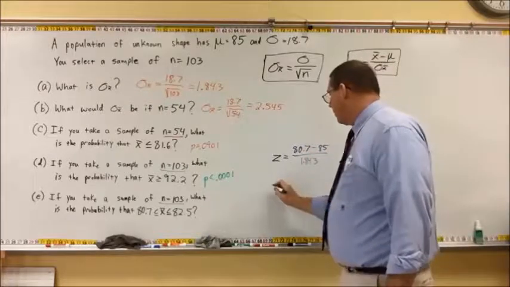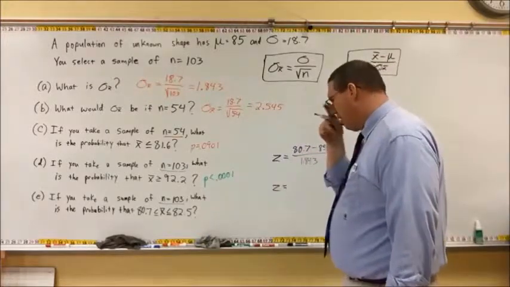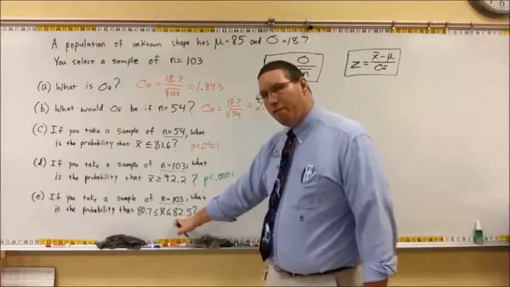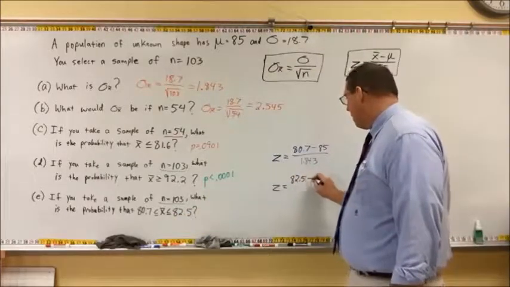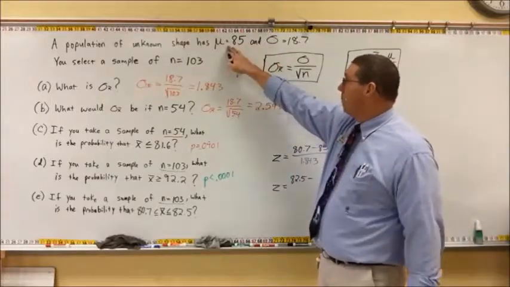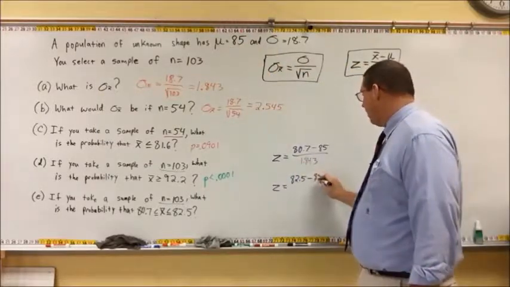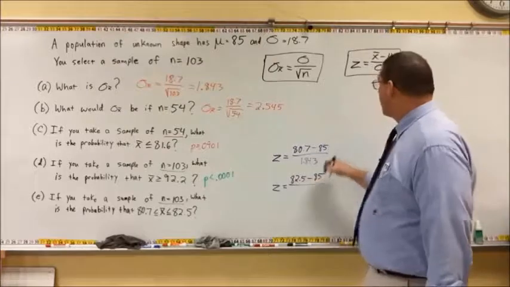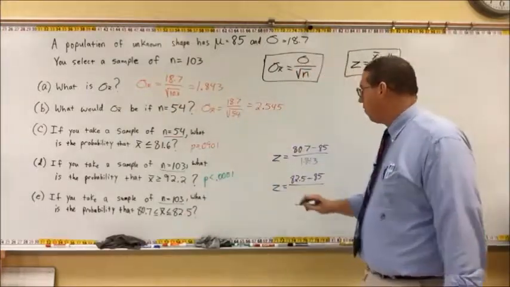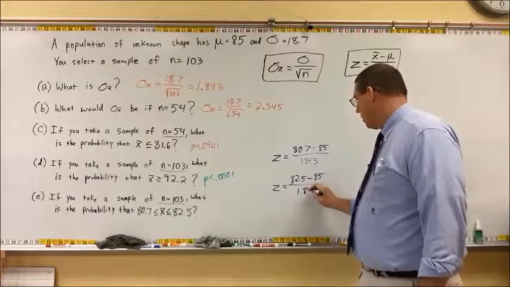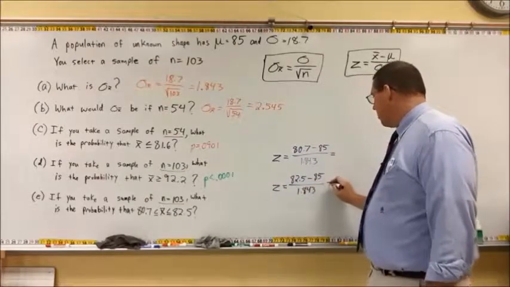And then we need a second z-score associated with 82.5. That's the upper end. 82.5 minus the population mean, which is 85, divided by the standard error that goes with 103, which is 1.843. We're going to calculate these in a calculator.